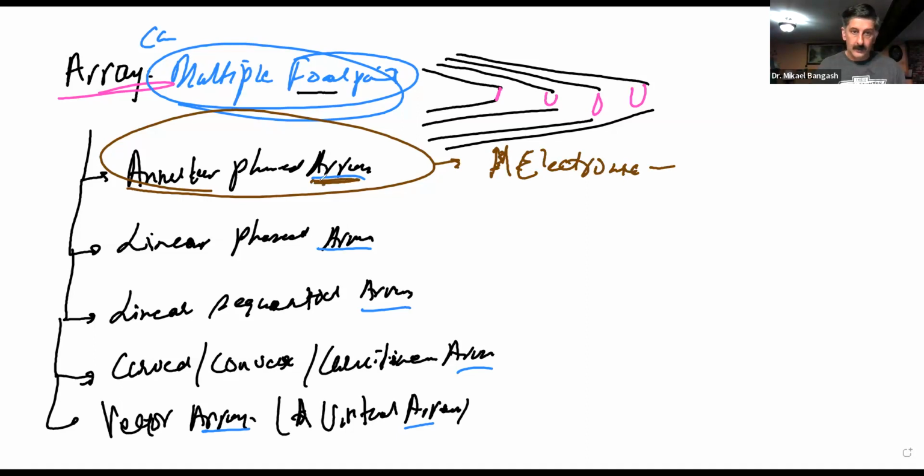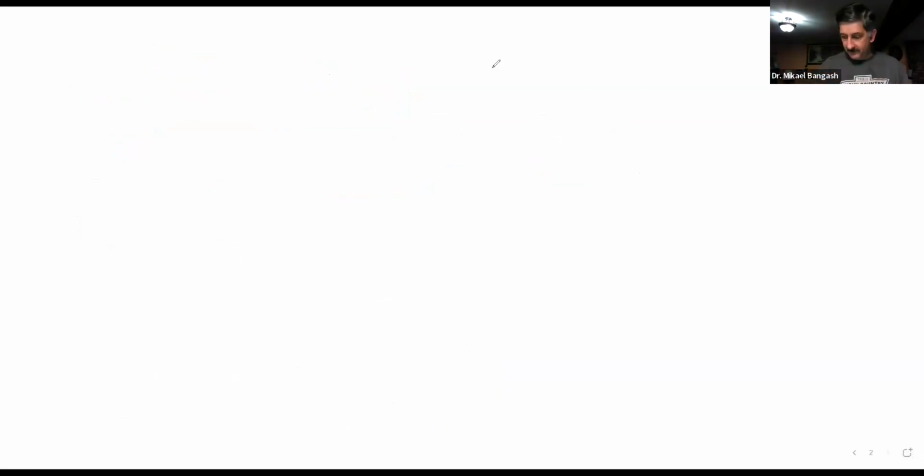The way that it focuses at multiple points is due to another concept, not like any of these other transducers here. Now let us get into our annular array transducer, or annular phased array.